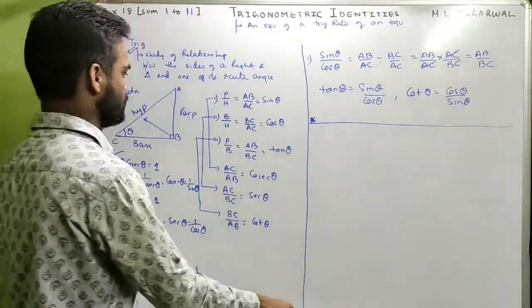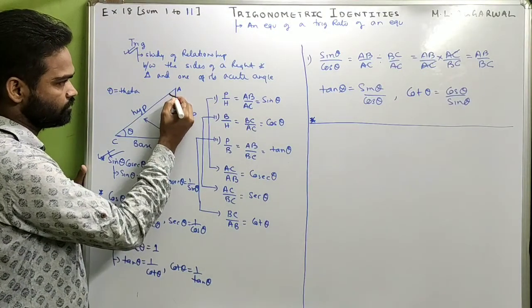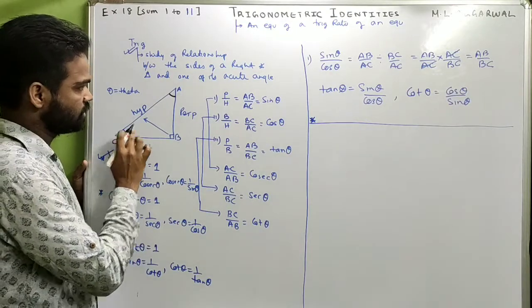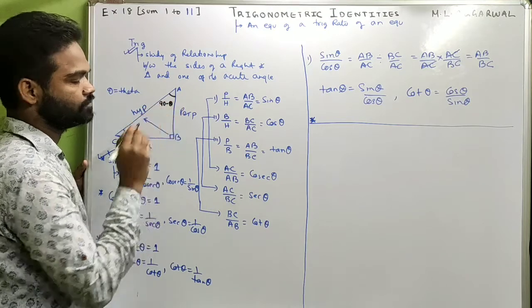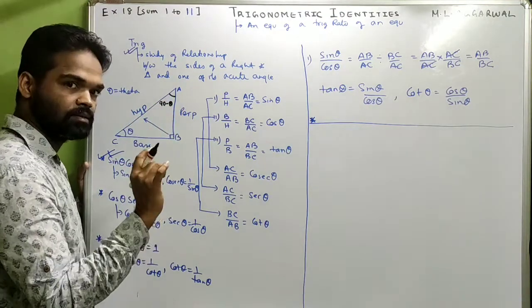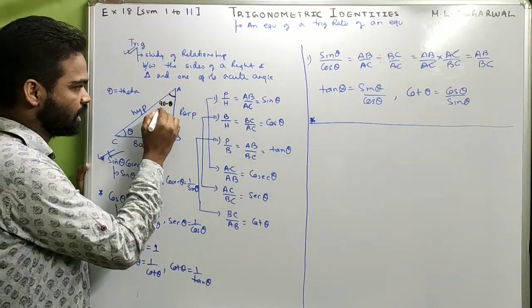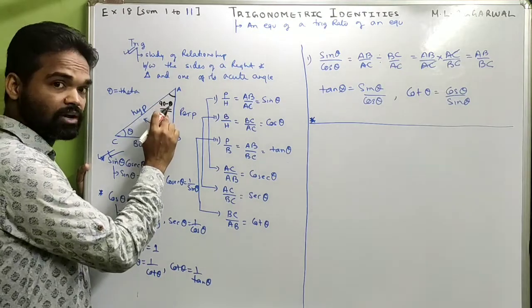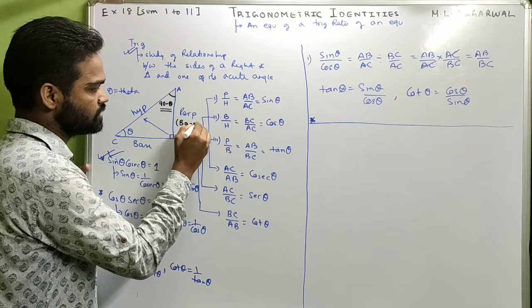Just look over here. Now, suppose I take this angle. Okay, so if this is 90, this is theta, then this will be 90 minus theta. Now I'll find the trigonometric ratio with respect to this angle, angle A, which is 90 minus theta. So when this is your angle of consideration, this becomes your base, isn't it?